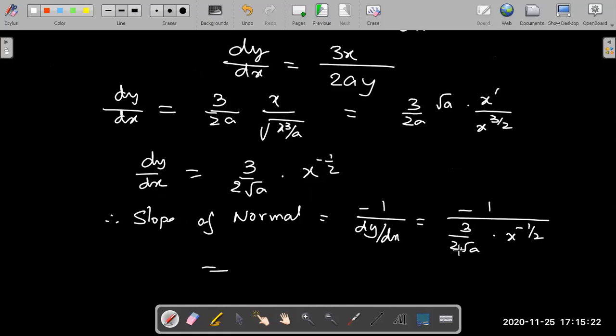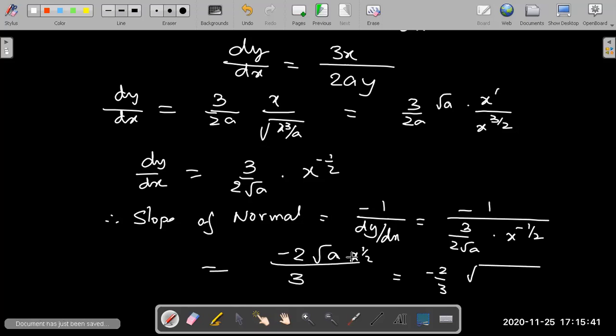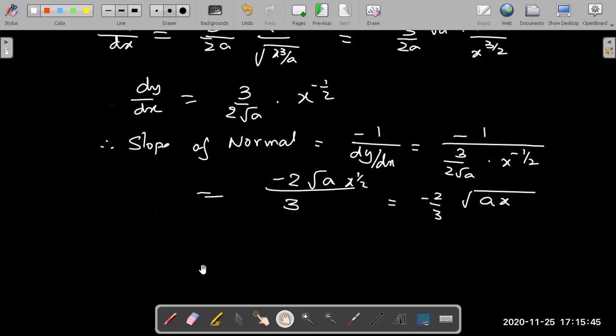So that becomes minus 2 root a divided by 3 into root x. So that is nothing but minus 2 by 3 root of a x. Root a is there and x also having root ax. So this is how I got the slope of the normal.